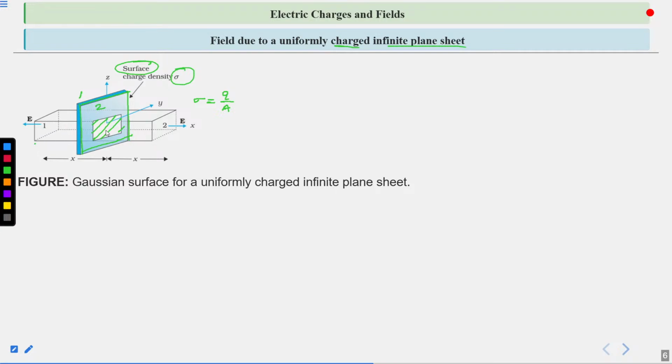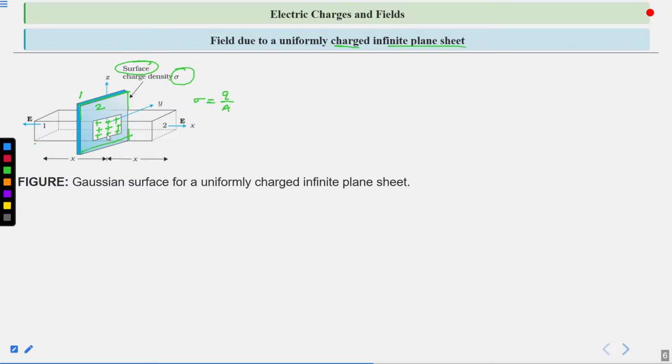The region covered by this Gaussian surface is only this region. Clear? This region is positively charged. Similarly, the first phase is also positively charged. Clear?